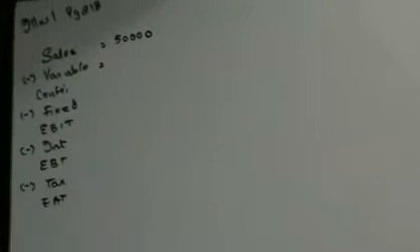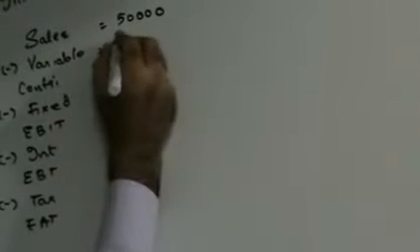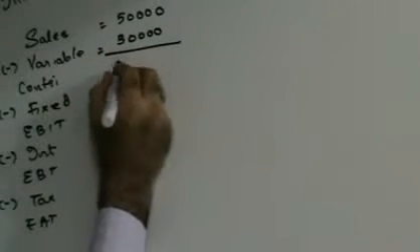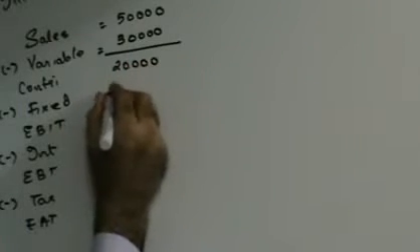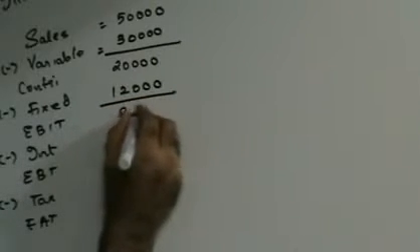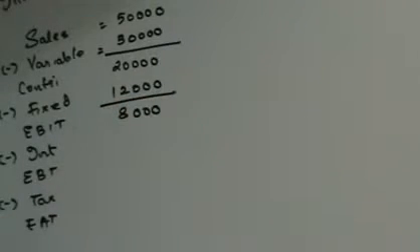Variable cost is given as 60%. 60% of 50,000 is going to be 30,000. Contribution is going to be 20,000. Fixed cost is given to you as 12,000. So your EBIT will be 8,000. Right?